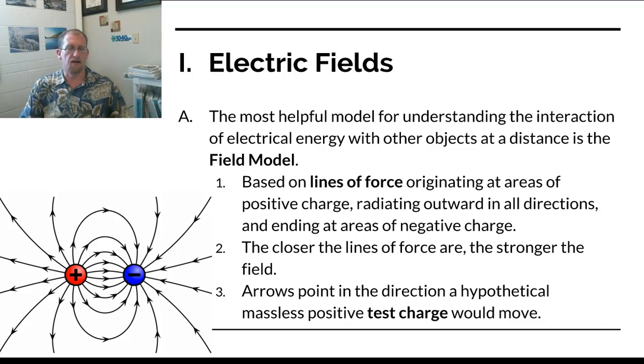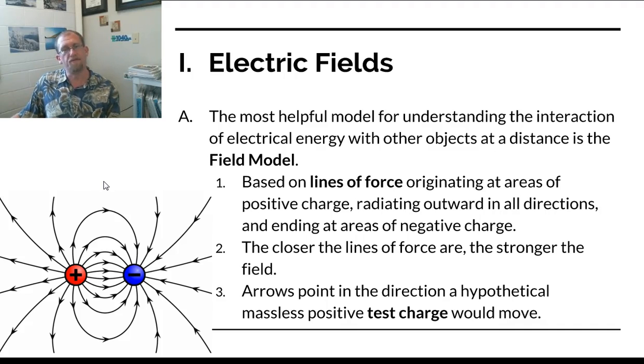The field strength can be implied by the number of lines that are drawn per unit area. So right here, if you were to take, like a square centimeter of this drawing, there's a lot of lines of force. And so the field strength is pretty strong right there. But if you take the same square centimeter out here, no lines of force in this particular drawing.